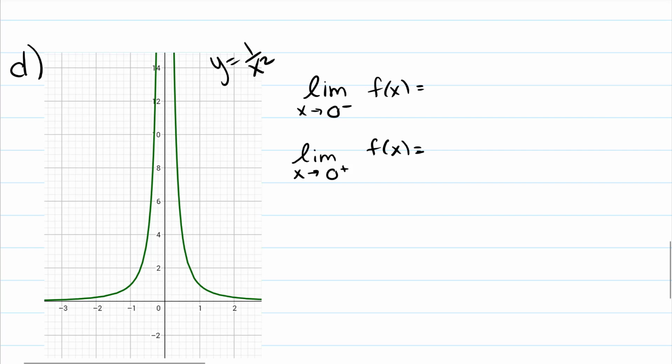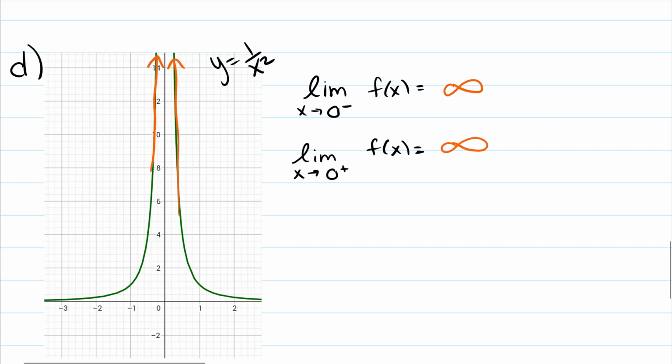Looking at this type of discontinuity, this is the graph of y equals 1 over x squared. As we approach the limit from the left, you can see we go off to infinity. And as we approach the limit from the right, we also go to infinity. So notice, limit from the left is infinity, limit from the right is infinity.